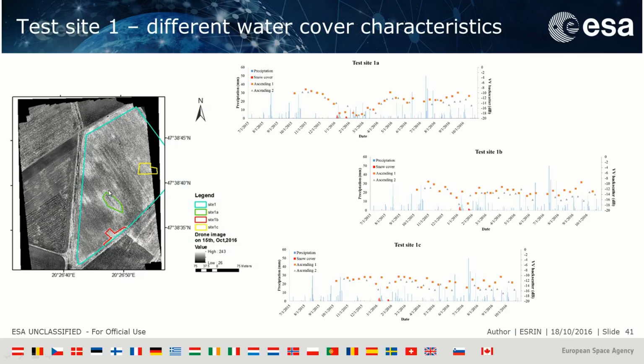This was an area which was really flooded, and this yellow area, which was within the same field, was not flooded by this excess water inundation during the inundated periods.